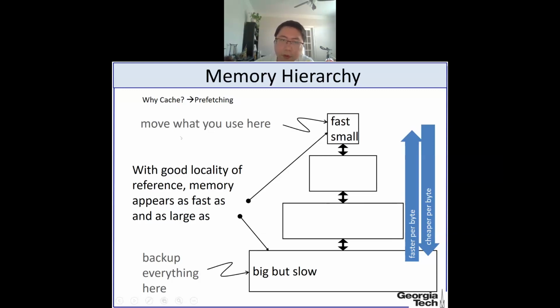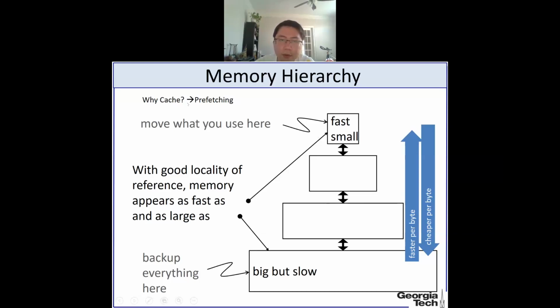Of course, you want to store the data that you frequently use up here, and then you back up the rest of your data, which is less likely to be used, in the bottom levels. So that's the whole concept of the hierarchy.